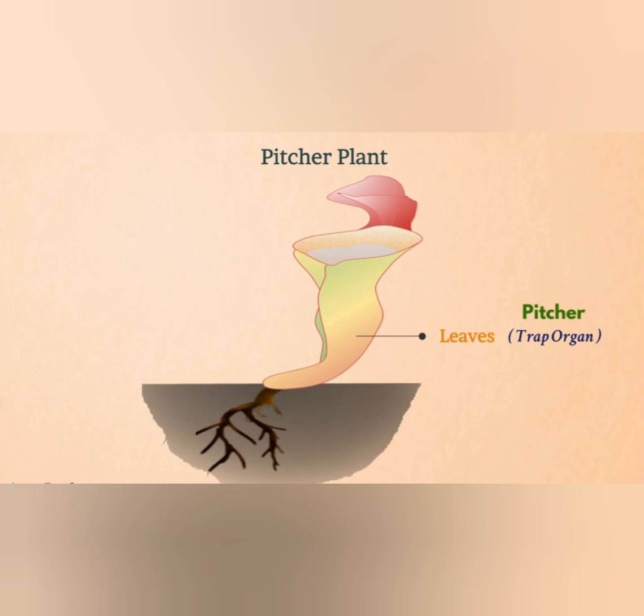The hair present in the pitcher holds the insects and does not let them escape, and with the help of digestive enzymes, they digest these insects and obtain the nutrients from them. So this type of plant gets all the nutrients that are needed from the insects only.